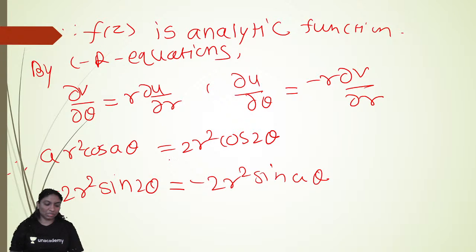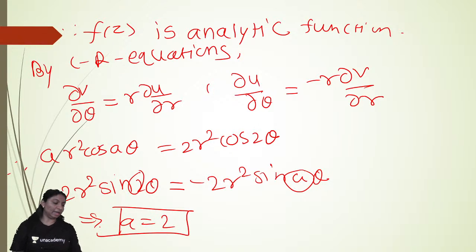Now comparing these two, we get r square sin 2 theta, so a is equal to 2. By comparing the LHS and RHS, we get a is equal to 2.